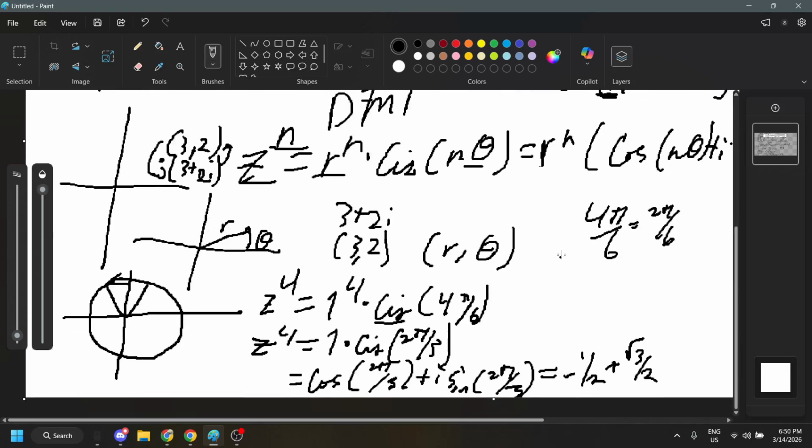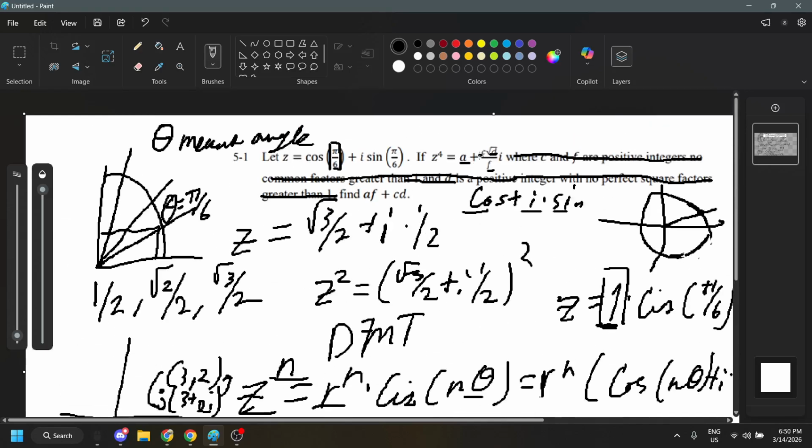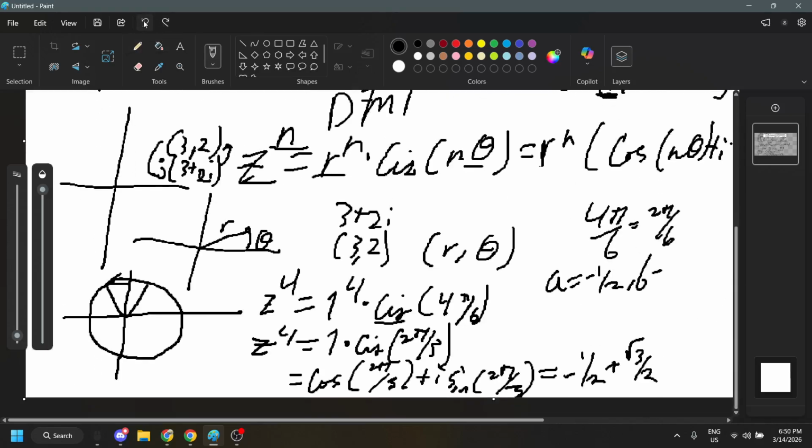So if we see here, A is going to be equal to negative 1/2. We have no B. C is going to be equal to 1, because there's nothing in front of it.